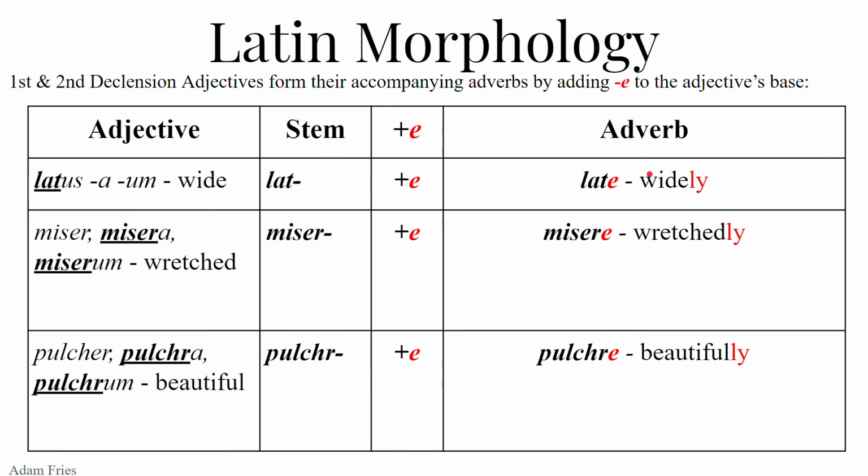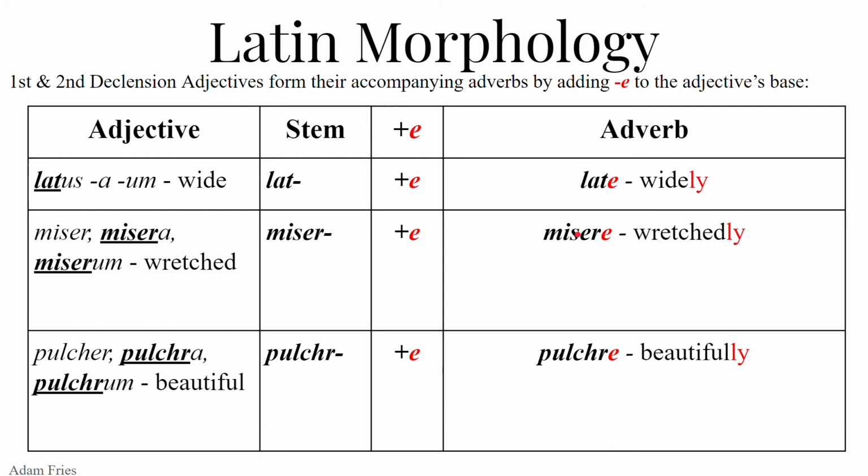This also works for the er, a, um guys. So miser, misera, miserum. Once again, you find the stem by chopping off either the a or the um. The stem is miser, add e, misere, wretchedly, poorly, unfortunately, the adverb forms of wretched, poor, and unfortunate.